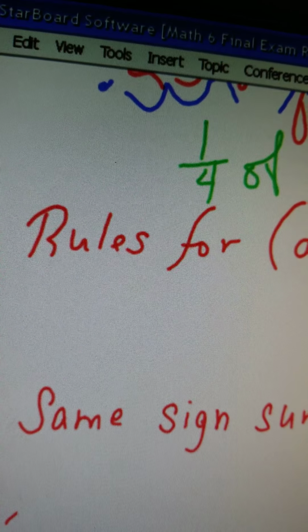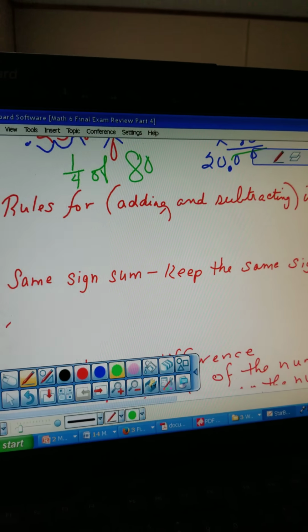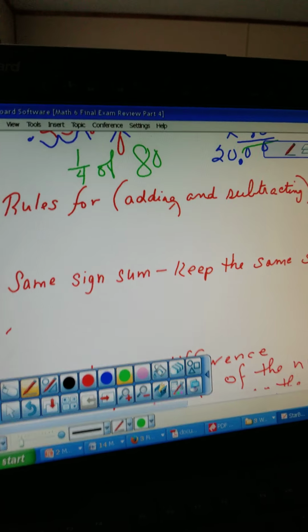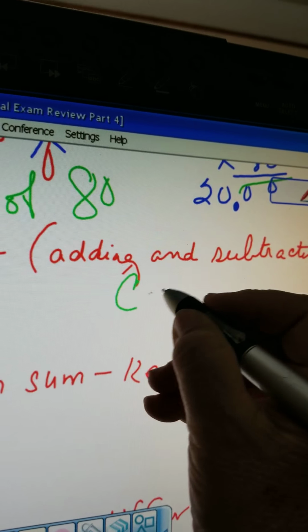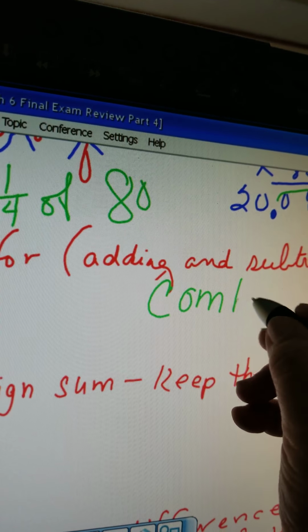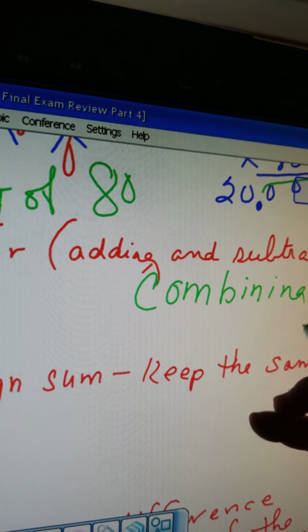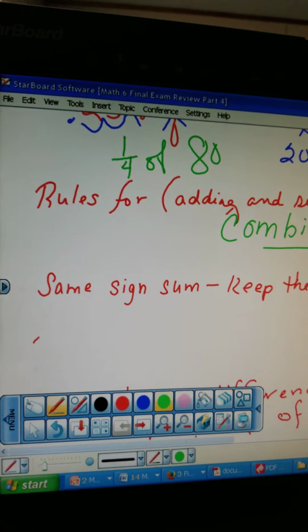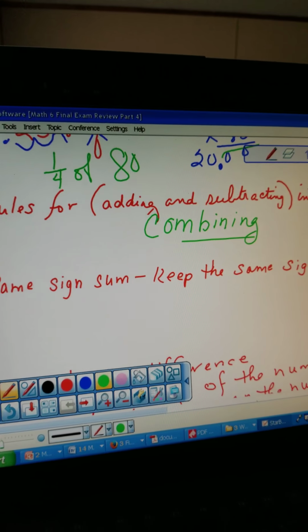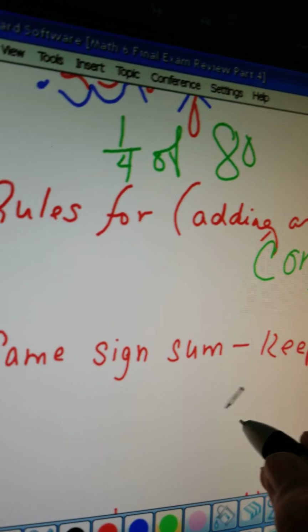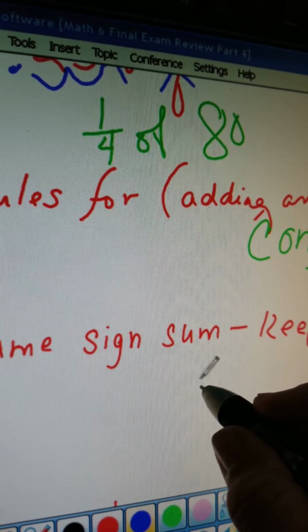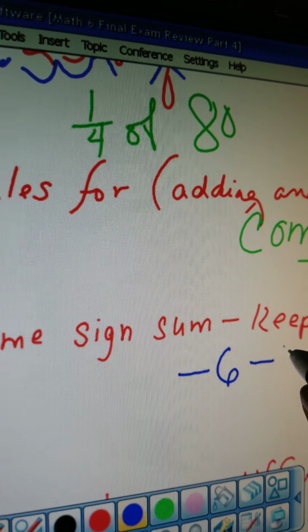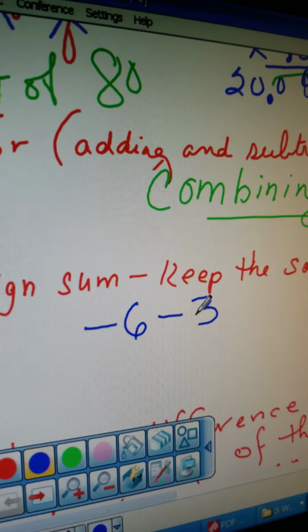All right, you need to know the rules for adding and subtracting, or what word do I use instead? Combining. Combining integers. Okay, so same sign, sum, keep the same sign. By that I mean, if I have -6 combined with -3, don't confuse yourself saying subtract.